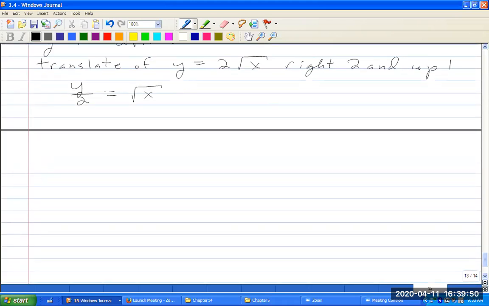I'll stretch the y-axis by a factor of 2. So I'll be doubling the y-axis for the graph of y equaling rad x.